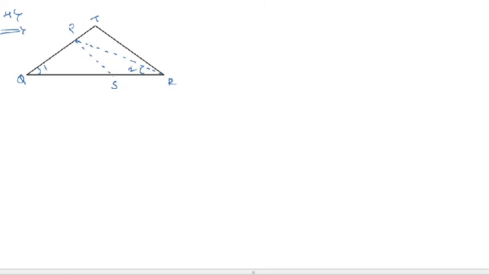So the question is, in the figure, QR by QS is equal to QT by PR and angle 1 is equal to angle 2. Show that triangle PQS is similar to triangle TQR.